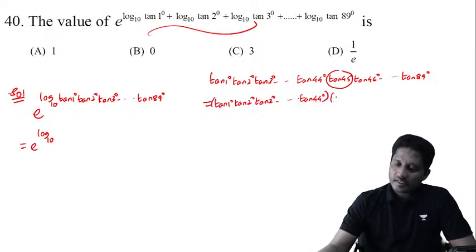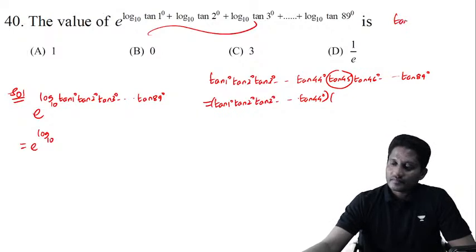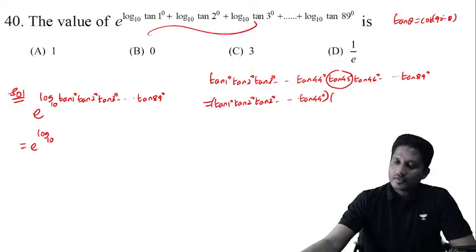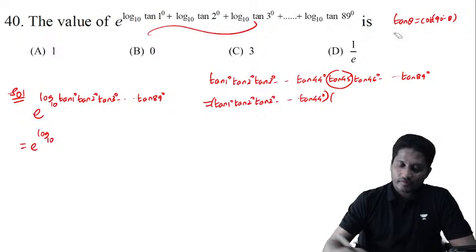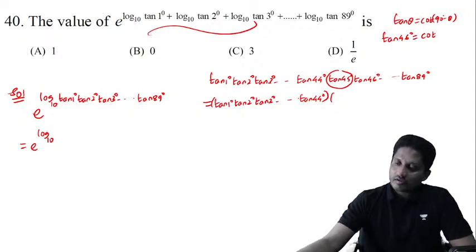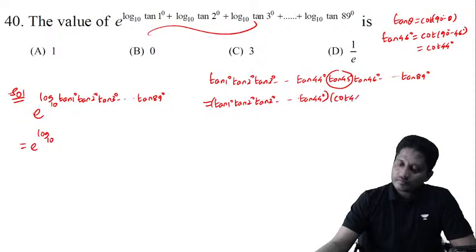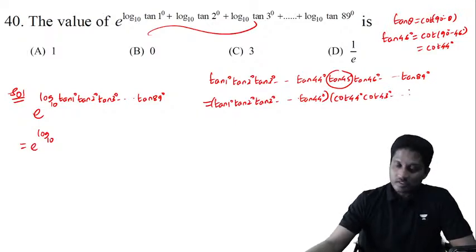Tan 46 can be written as, see, tan theta is equal to cot of 90 minus theta. So tan 46 should equal cot of 90 minus 46, which is equal to cot 44. This will be cot 44 and then cot 43 and so on up to cot 1.